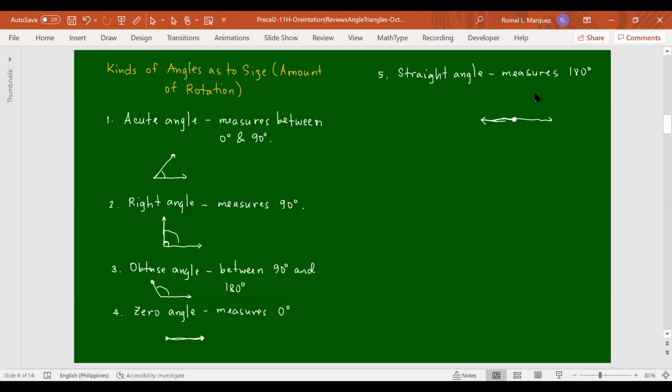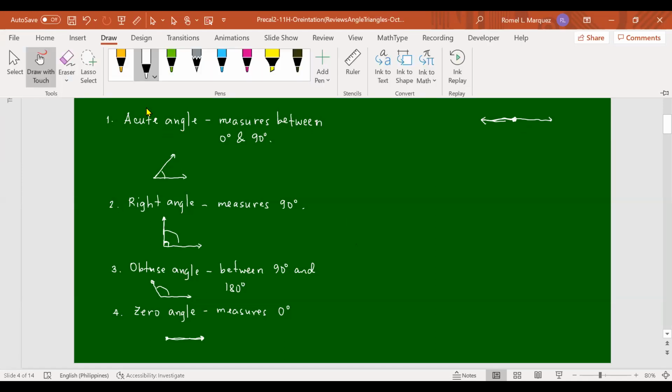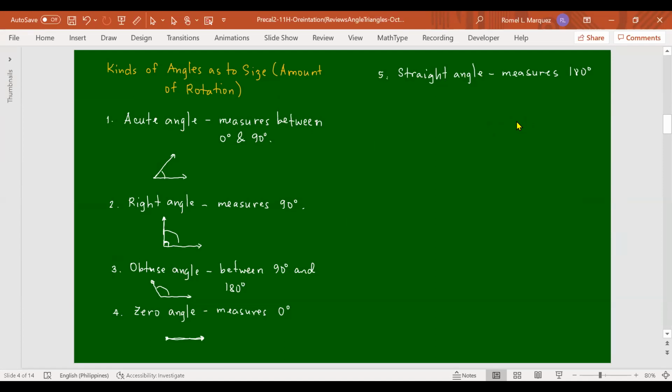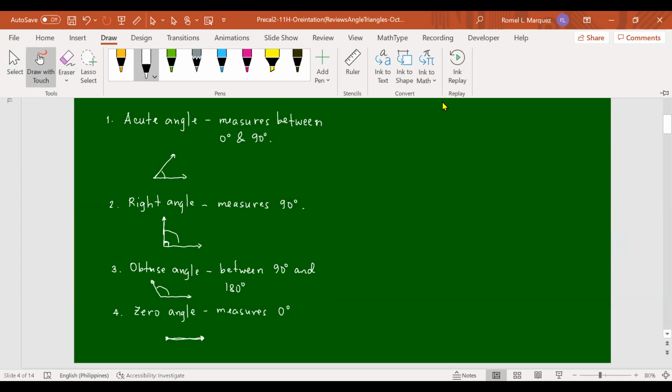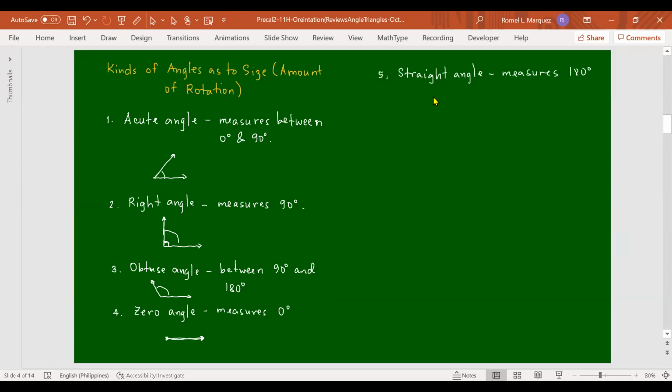Depending on the level of understanding, you don't talk about this angle in grade 3, grade 4. But in your case, we can talk about this now. So this measures 180 degrees.